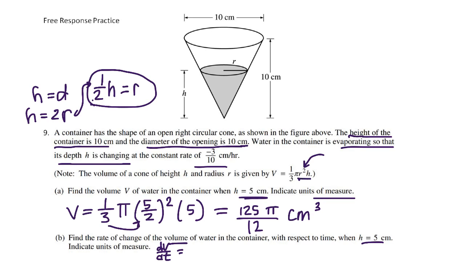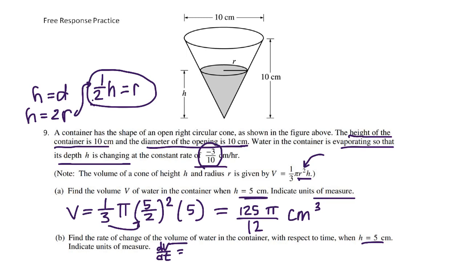We do have R and H, so we would need the product rule. But again, we're told that we do have a nice little relationship between the height and the radius. The radius is 1/2 the height. And so I would make that substitution because I already know dH dt is sitting right here.